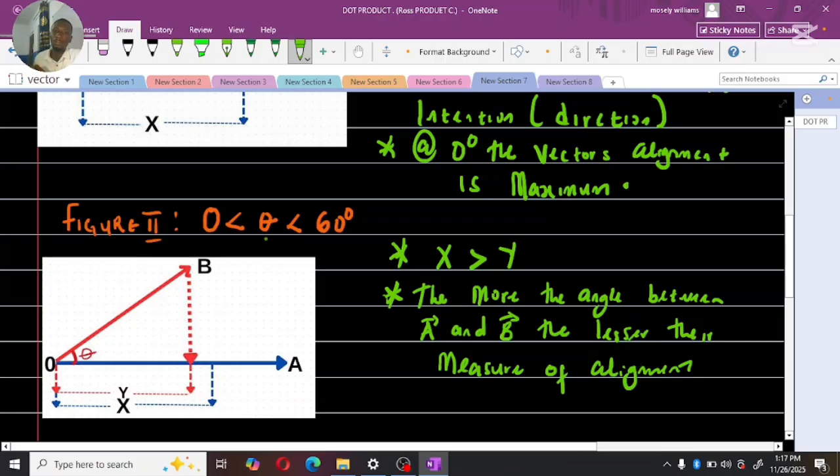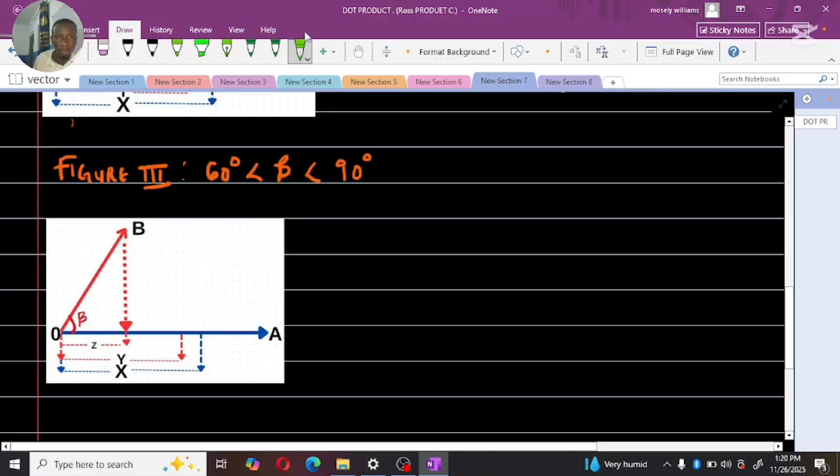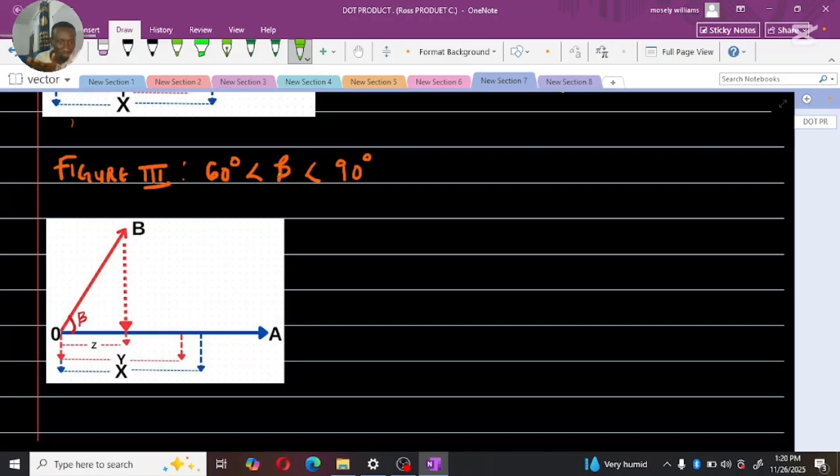So let's see another figure. This is the third figure. Here we can see that the angle beta is greater than 60 degrees but less than 90 degrees. The more we tilt, the more we increase the angle between A and B, the lesser their measure of alignment.